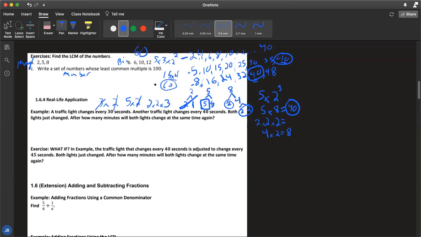Okay, and now Amber for part C. Write a set of numbers whose least common multiple is 100. What did you get, Amber? So the easiest, 10 and 100. So 10 and 100. Perfect.